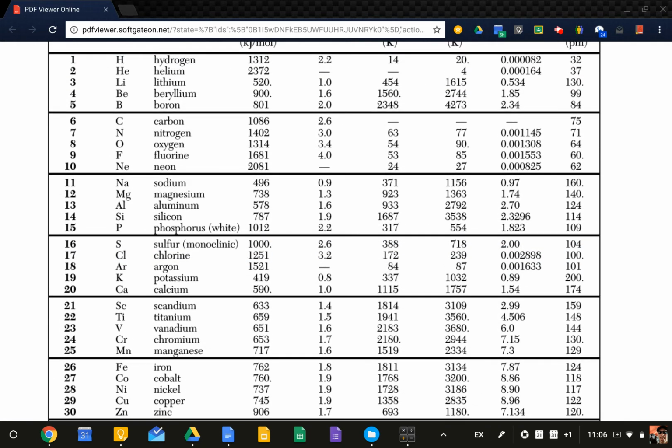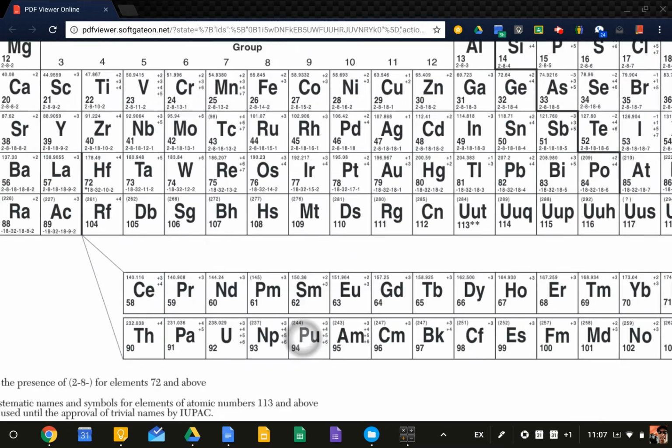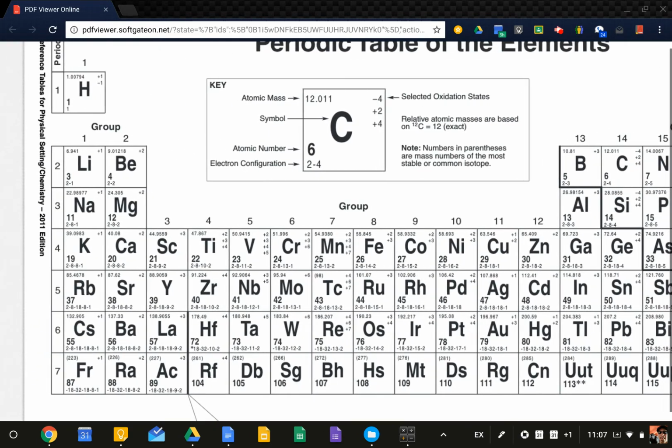So if we do 3.2 minus 0.9, we get 2.3, which is a large difference in electronegativity, which means that the sodium is going to lose electrons, actually one valence electron, to chlorine. So this is going to be an ionic bond.